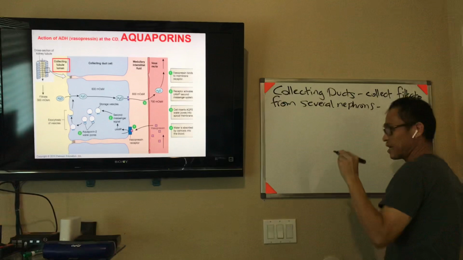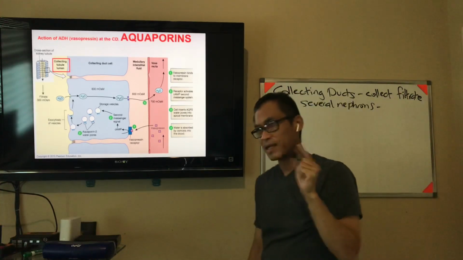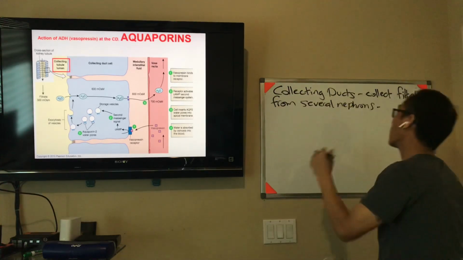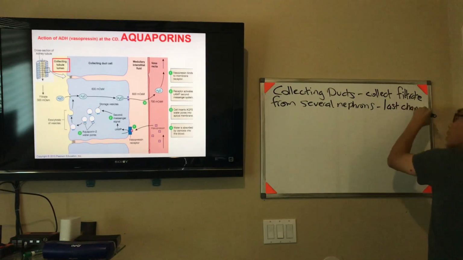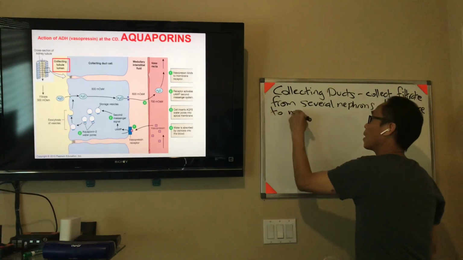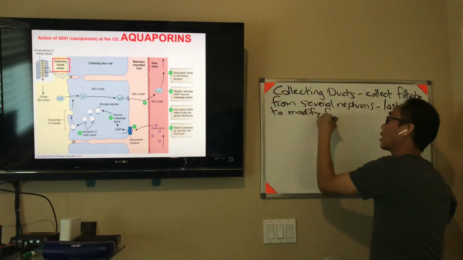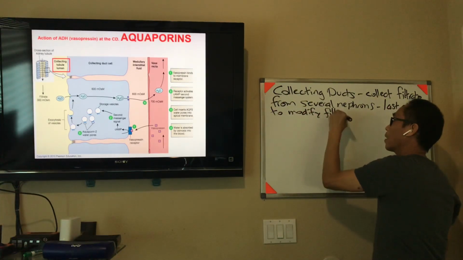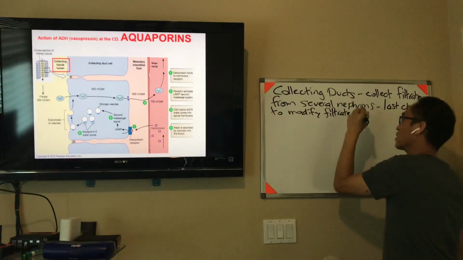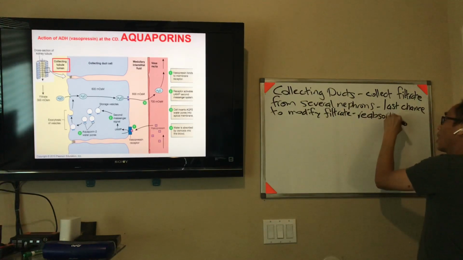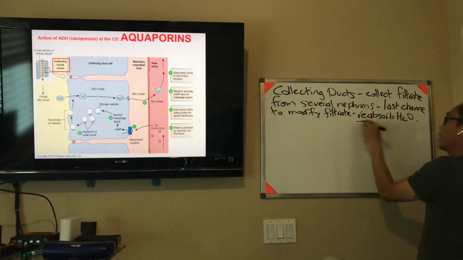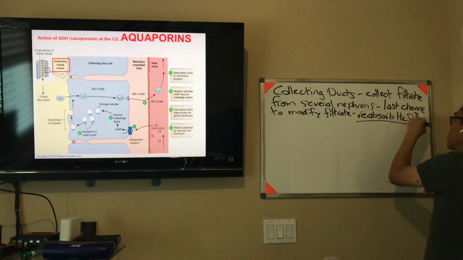This is your last chance to modify the filtrate before it is excreted as urine. And one of the last things you can do is basically reabsorb water or not. Maybe. I'll make it a question mark.